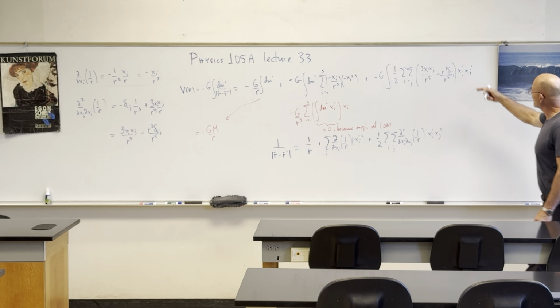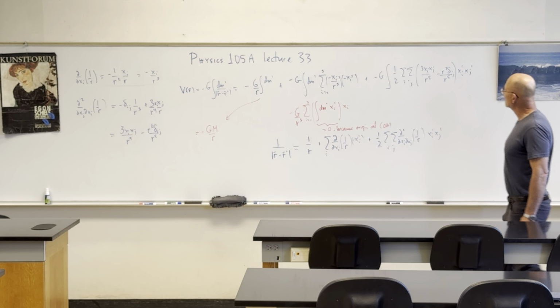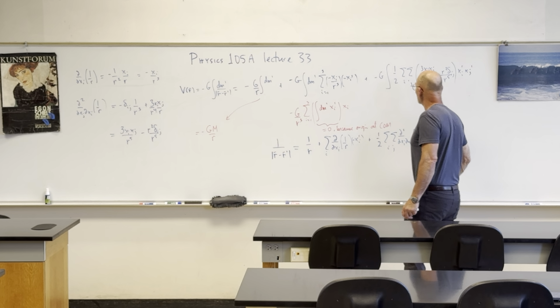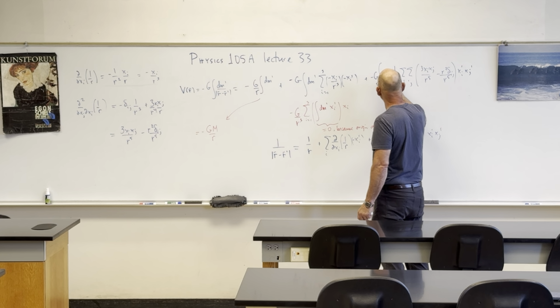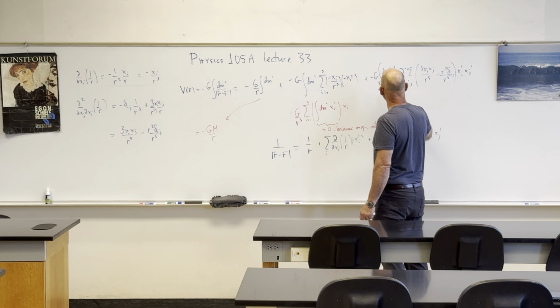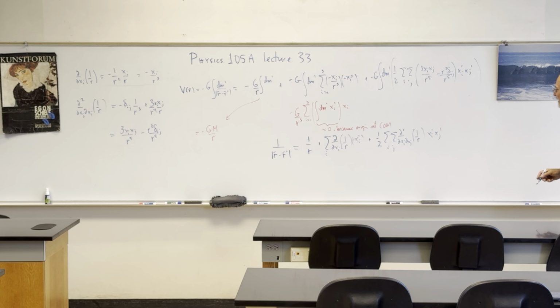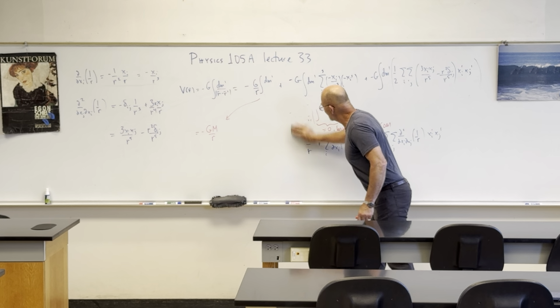So this one needs a bit of manipulation. Integral, and of course I have to have the dm prime in here somewhere. We've got minus G dm prime, so we're integrating over that. For the moment we got that right there, we're going to fix that up. Okay, good, this is good to go.